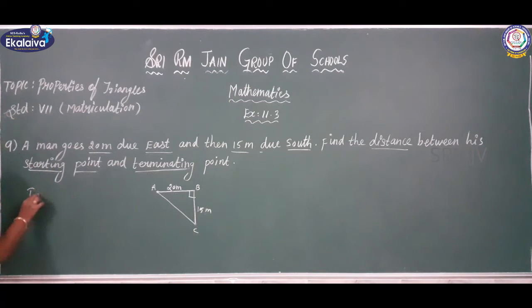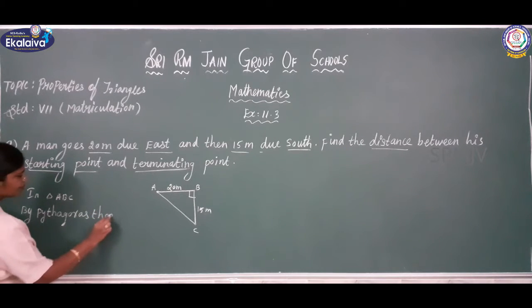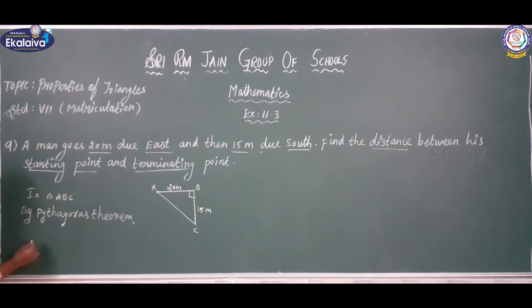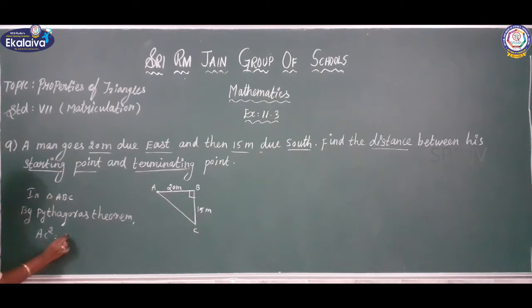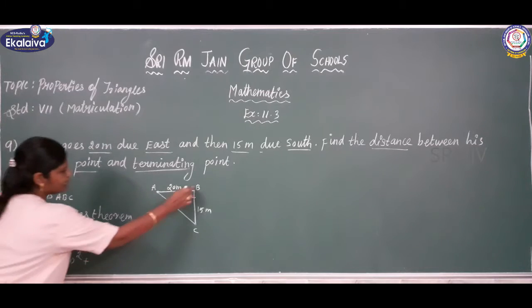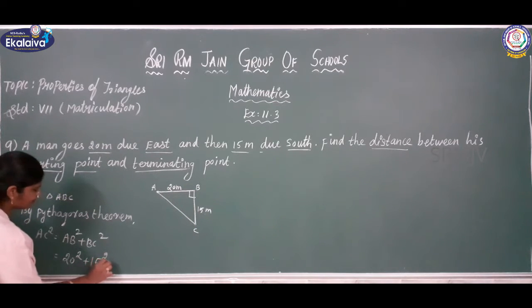So in triangle ABC by Pythagoras theorem, AC square, the square of the hypotenuse is equal to sum of the squares of the other two sides. So AB square plus BC square. Okay, just substitute the values here, children. AB 20 square plus BC 15 square.